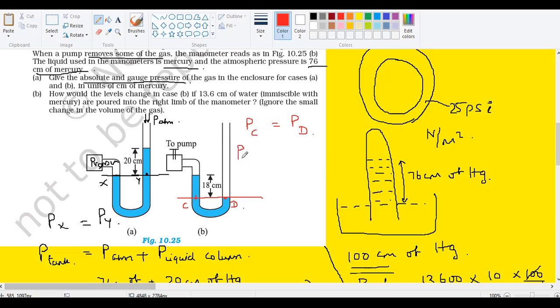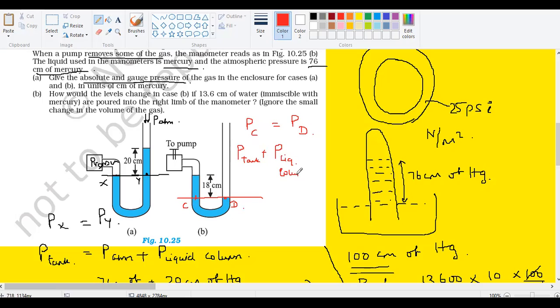Pressure in the tank plus the liquid column pressure, 18 centimeter.